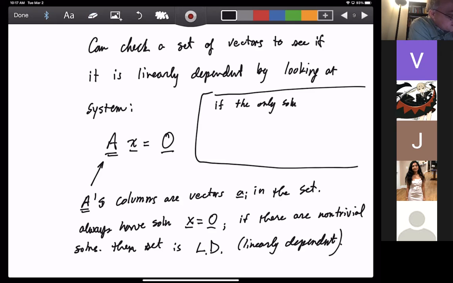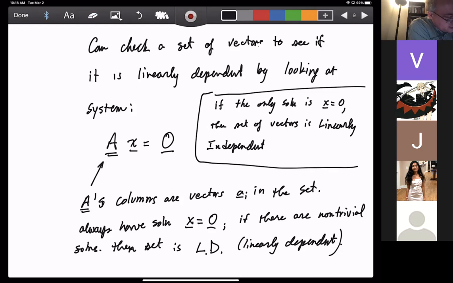So if the only solution for the system is the trivial one, then the set of vectors is linearly independent. And I might abbreviate that as LI.